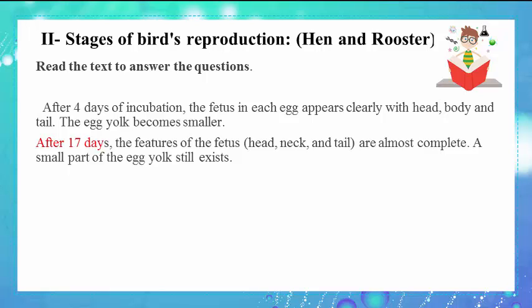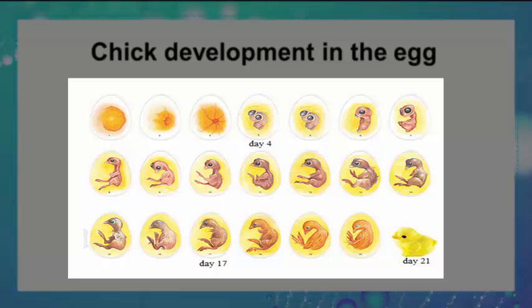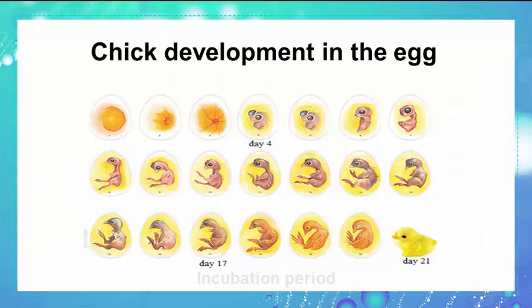After 17 days, the features of the fetus, head, neck, and tail, are almost complete. A small part of the egg yolk still exists. And here is the figure that shows the chick development in the egg. During the incubation period, the chick feeds on the egg yolk.